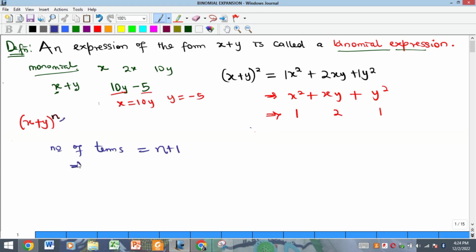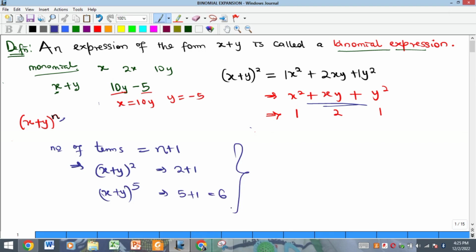So what that means is that if I expand (x + y) to the power of 2, I should be expecting 3 terms, which is 2 plus 1. And that's why we have what we have here. And so if I expand (x + y) to the power of, let's say, 5, the number of terms should be 5 plus 1, which is going to be 6.